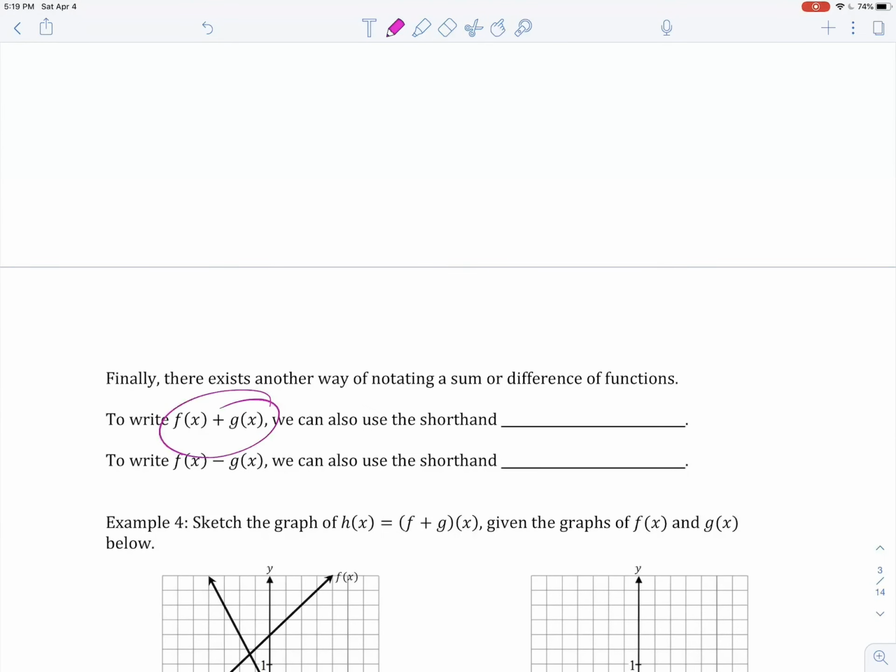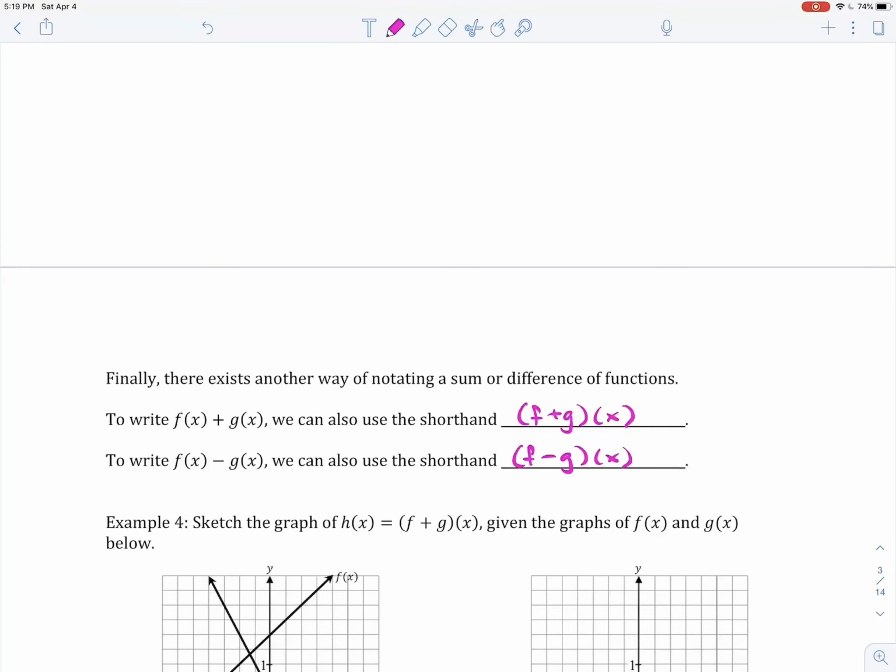If you want to say f of x plus g of x, you can just simply say f plus g of x. Wow! You saved a whole character. And same for f of x minus g of x, the difference. We'll say that's f minus g of x.